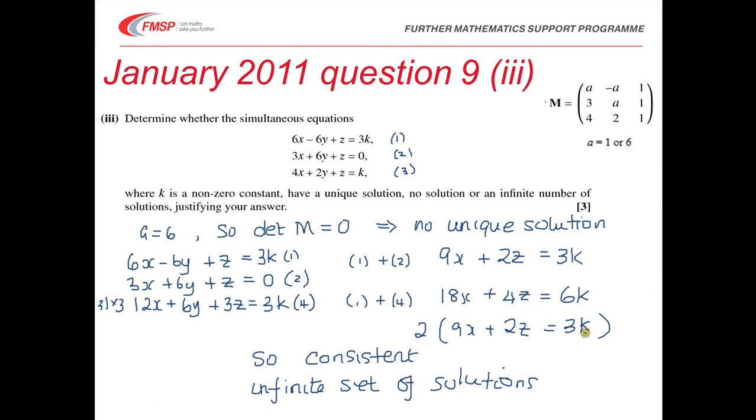If this had not worked out here, if we'd ended up with a 7 or an 8k here, for example, then we might have had inconsistent equations, in which case there would be no solution at all.